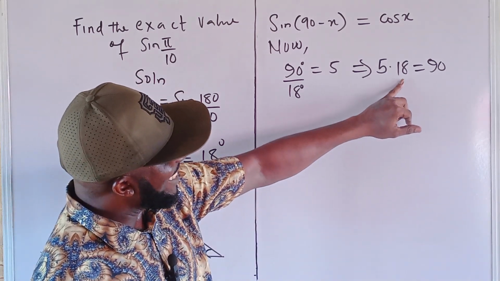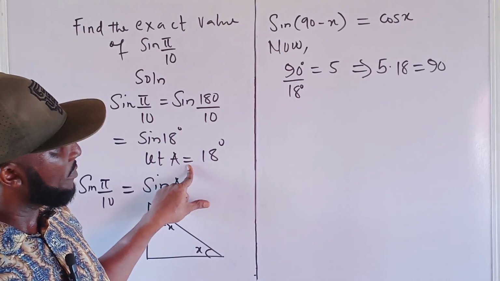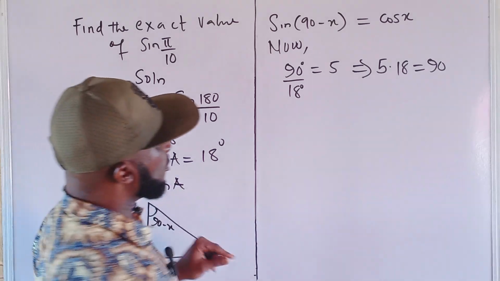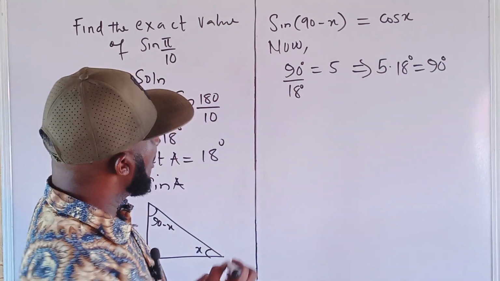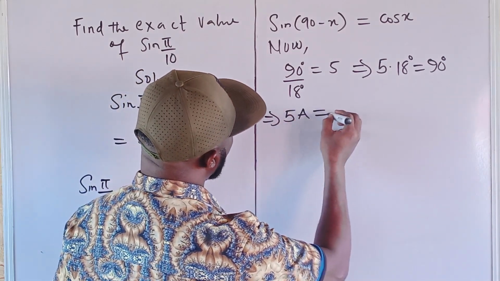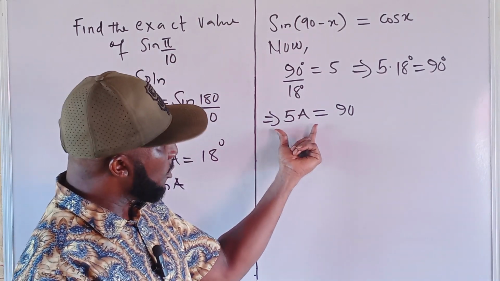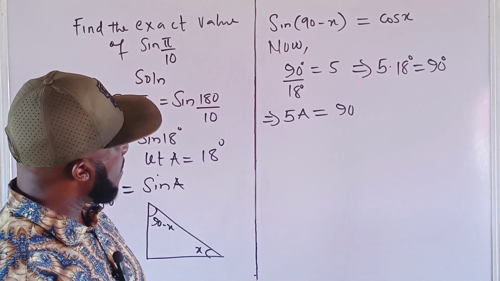And 18 degrees is actually equal to A. So you can see what we are trying to do here. So let me put a degree here for clarity. So we're going to be having 5A equal to 90. It's actually an angle, this is an angle, and it's an equation. No need to write them again.